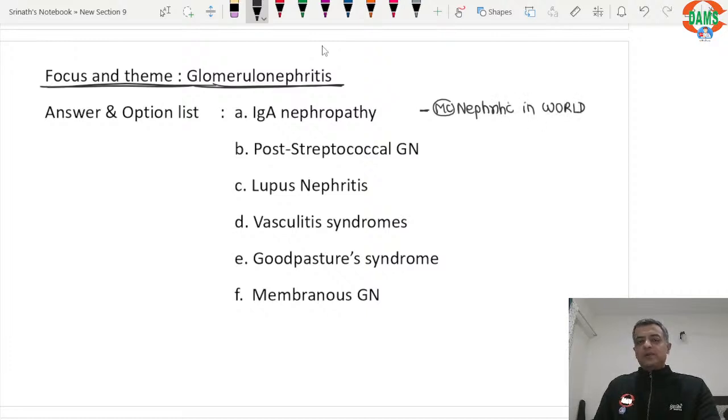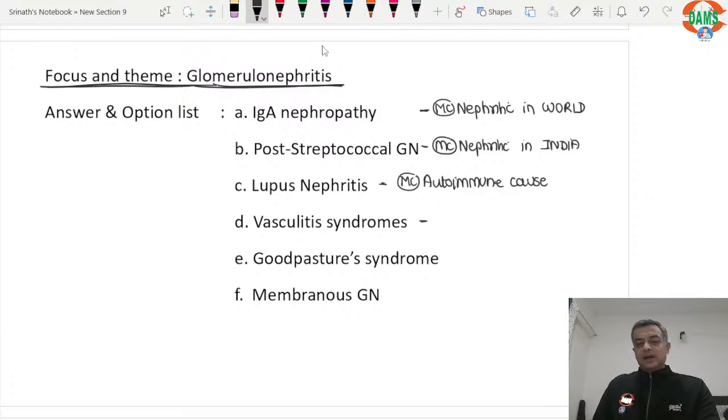The post-streptococcal GN is the most common cause of nephritic syndrome in our country. The lupus nephritis is the most common autoimmune cause of nephritic syndrome.